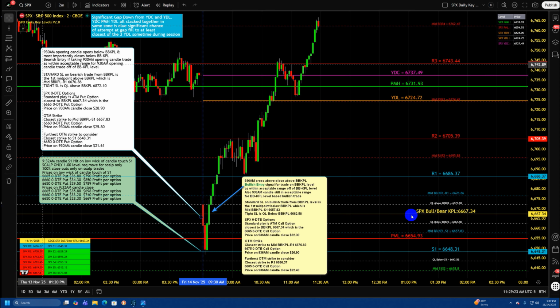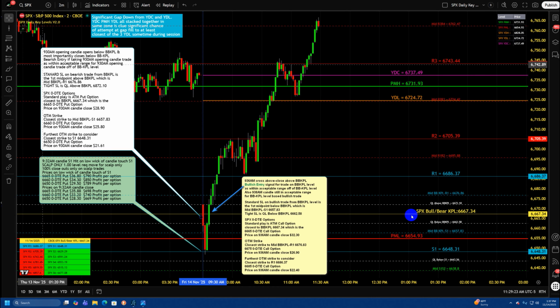Now with this indicator, you can also use 1 DTE options if that is your preference. But just keep in mind that whether you're using 1 DTE or 0 DTE, in either case, you're going to be opening and closing your positions all within the same session, because this indicator is meant for day trading only.